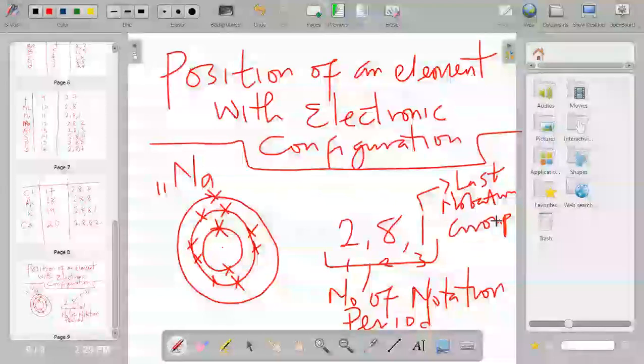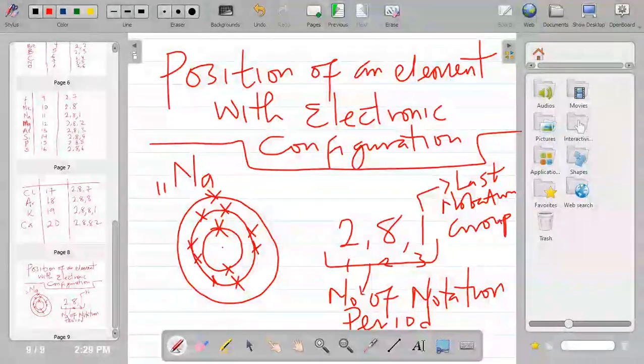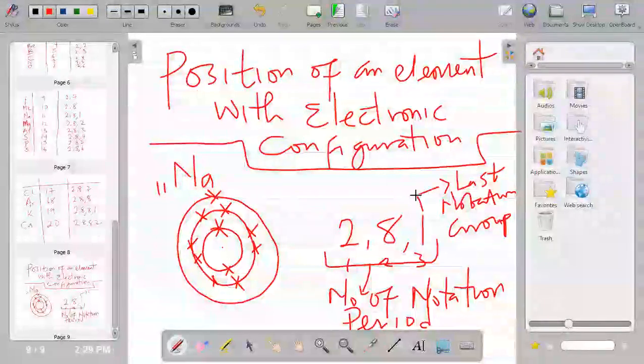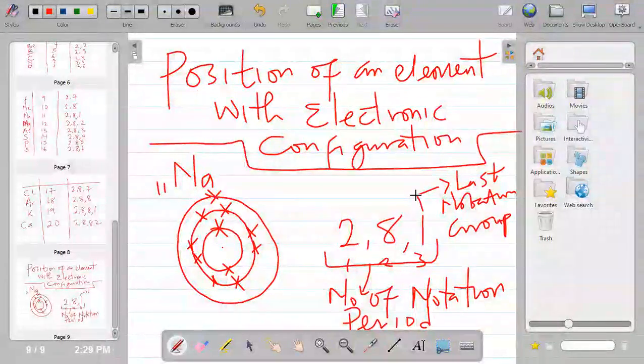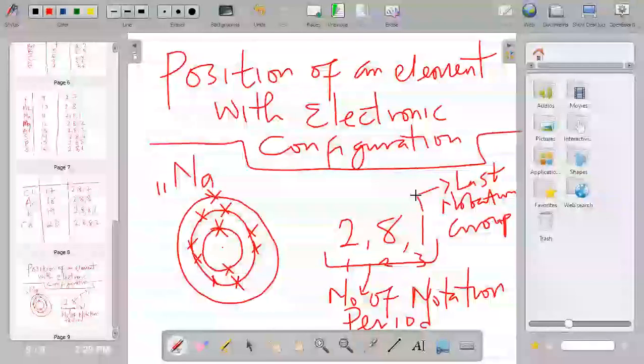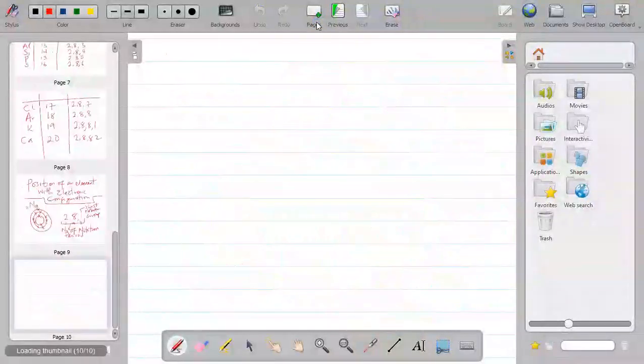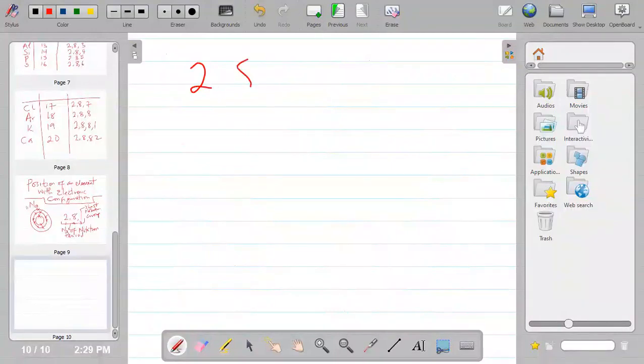So if we take a look at this, obviously the group of sodium is group 1, while its period is period 3. Now, simply put, since sodium is 2, 8, 1, it indicates that sodium has 3 shells in its atomic structure.